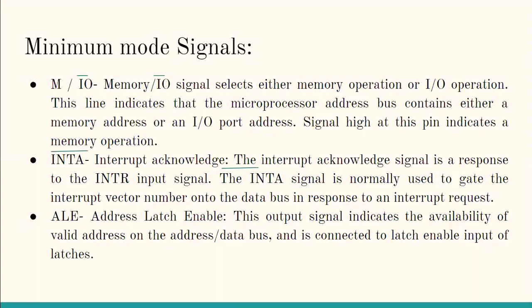This address latch enable is connected to the latch enable input of the latches in which the address is going to be stored. Simply, we have to remember that whenever the address latch enable is high, the address is present on the pins. Whenever the address latch enable goes 0, the values present on the pins are data and not the address.